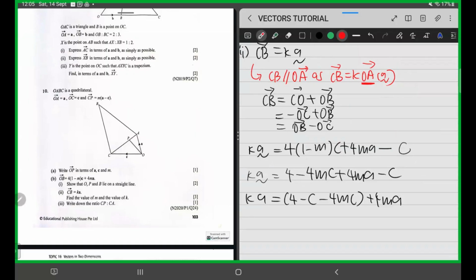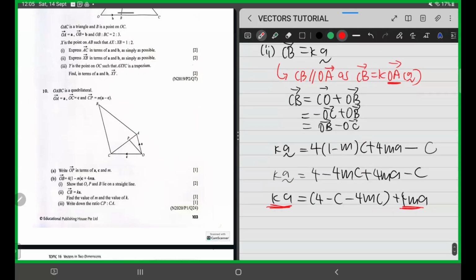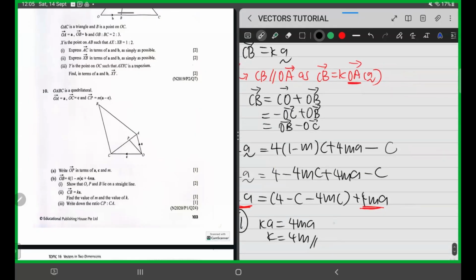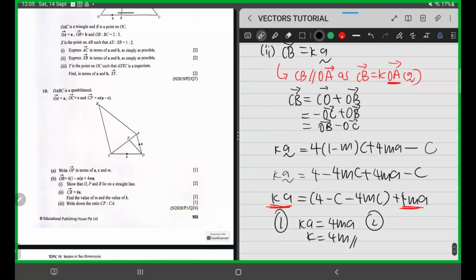So you have your 4MA over here, and then you have your A over here. So first thing we can do is that we can form a simultaneous equation where your KA equals to 4MA. Therefore, K is 4M. That's the first thing that we can derive. The second thing that we can derive is that here we have a plus 0, an imaginary plus 0.